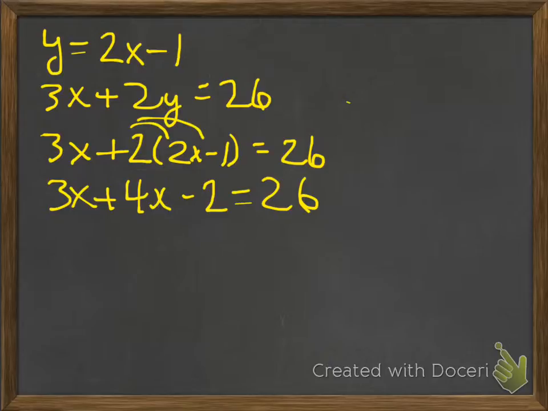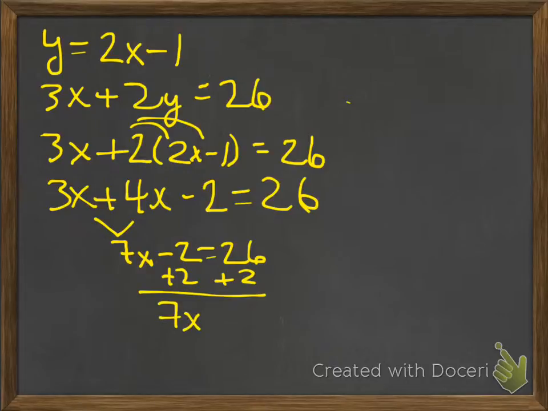Okay, so now I can combine like terms. 7x minus 2, and then I need to add 2. 7x equals 28. And then x equals 4.